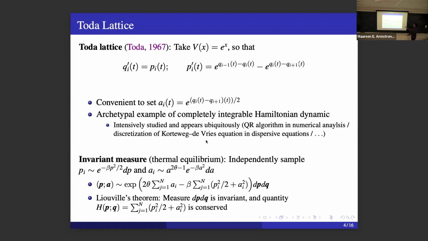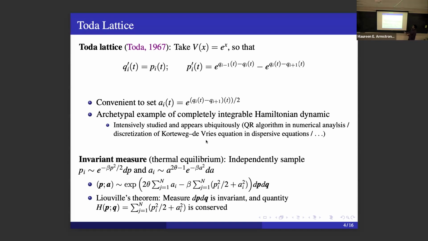So if I do that, then the claim is that this measure is preserved after I run the dynamic. And the proof is actually not very complicated. I'll very briefly describe it, although I'll never use it, so you can tune me out if you want. If you plug in p and a, it's fairly quick to see that it's just a product measure.